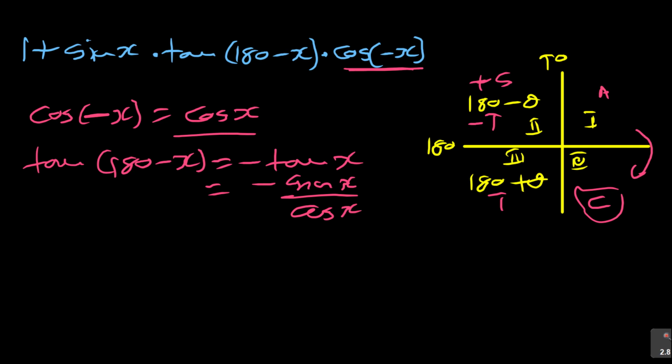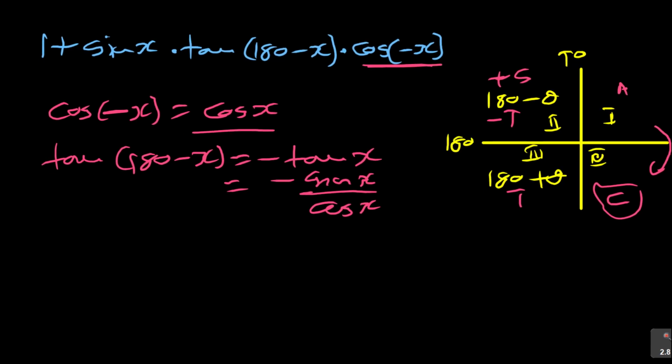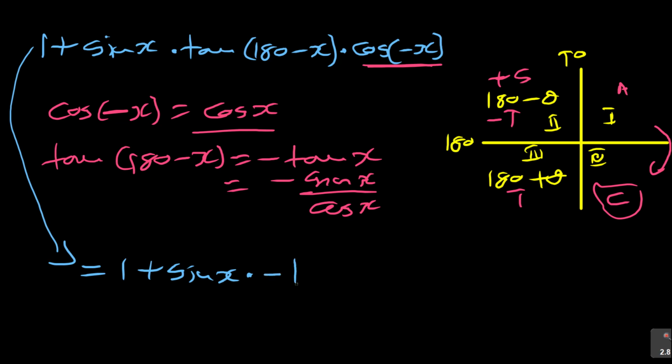When you take it from here, you are going to say, let's take it from there, which is equal to 1 plus sin x times, let's start with the top, negative tan x. It is better to put it in brackets like that, and then dot cos is simple cos x. Are you with me?